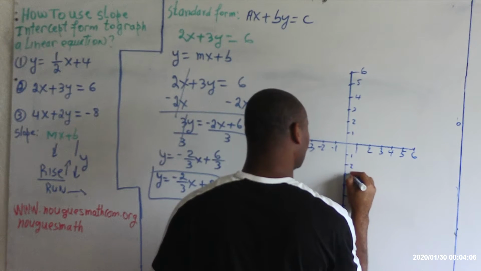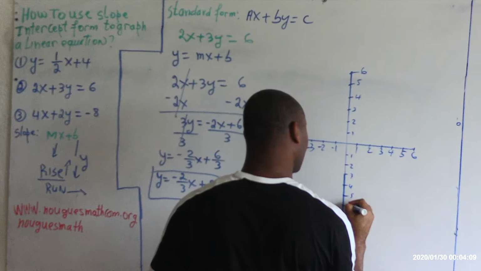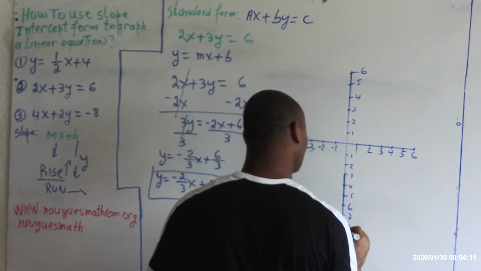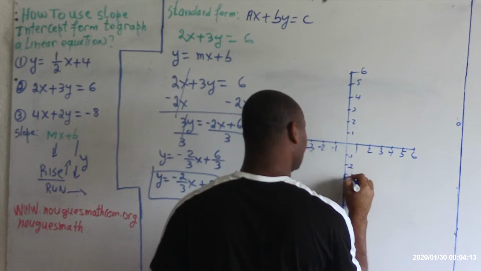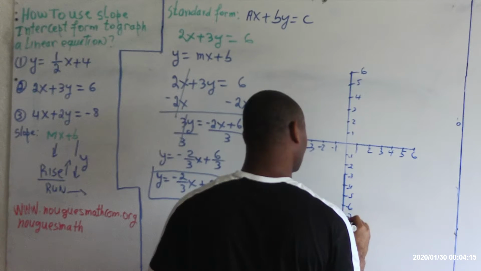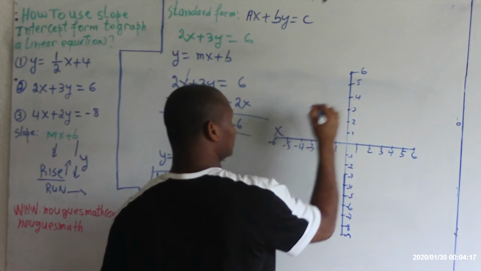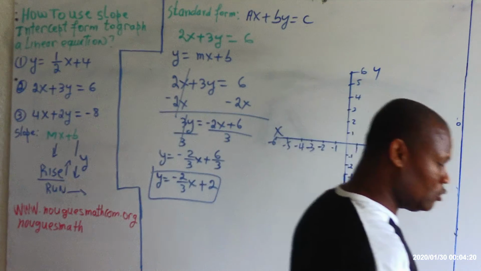One, two, three, four, five, six. Okay, that's the negative side. One, two, three, four, five, six, seven, eight, nine. Remember, negative numbers. Okay, this is the x, this is the y. So we're ready to graph now.